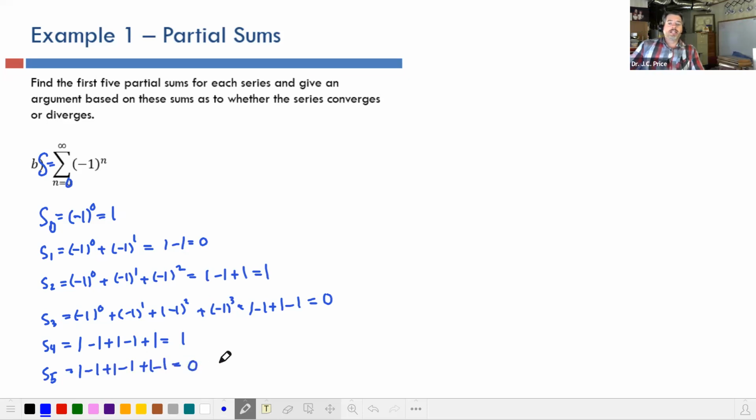All right, so things to kind of notice here, you're basically just kind of jumping around between 1 and 0. So you get 1, 0, 1, 0, 1, and 0. And so if you want, we could just actually from that, we can conclude S diverges.